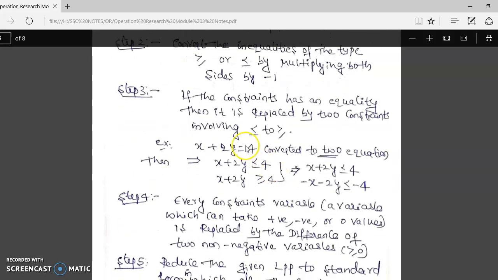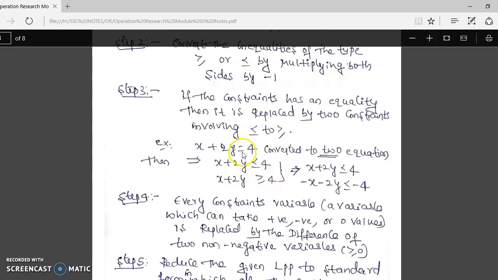Then it is the third step. For example, if the constraints are of neither less than nor greater than, but of equal symbol, then such equations are converted into two equations. How to make two equations? First, x plus 2y less than or equal to 4, then x plus 2y greater than or equal to 4.